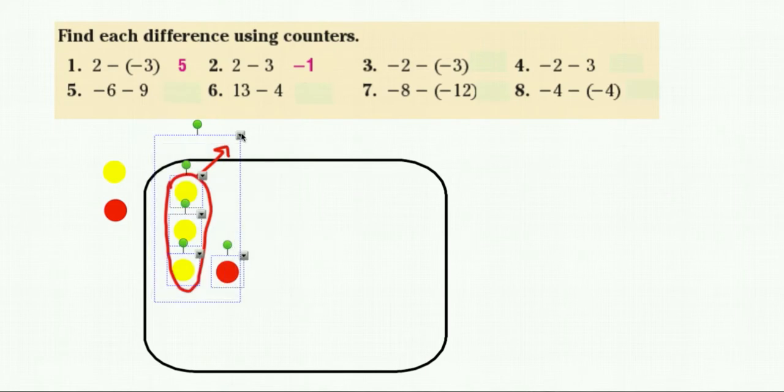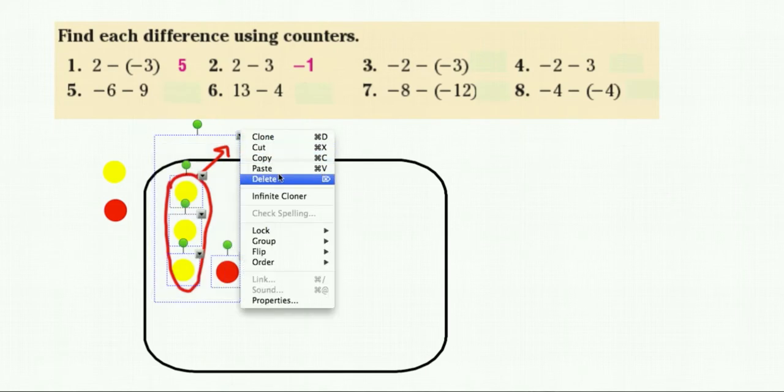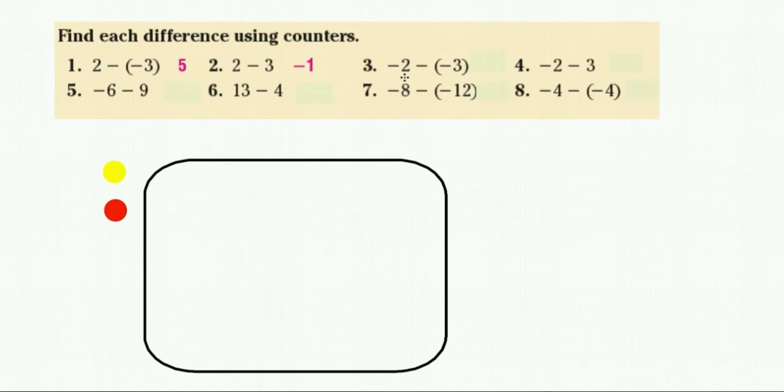Example number 3: -2 minus -3. Again, we get our 2 negative counters, and we are going to subtract 3 negative counters, but there are only 2 negative counters, so we add 1 zero pair so that we can subtract 3 negative counters.